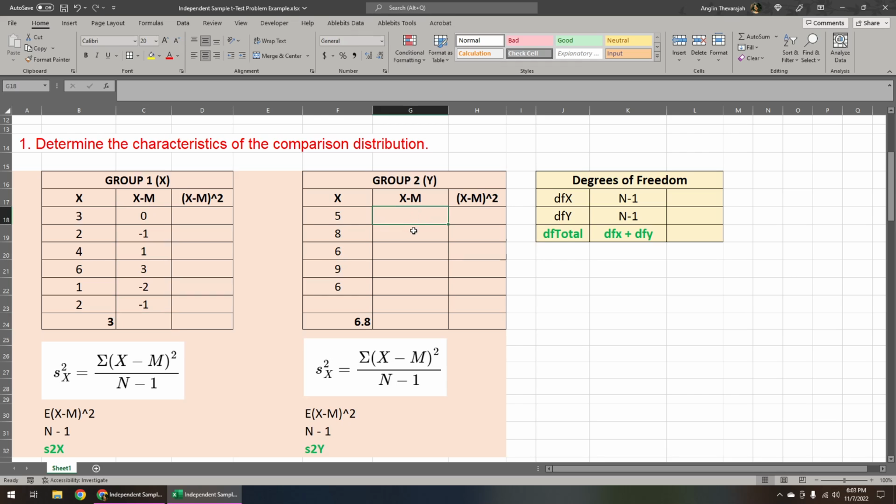Now I'm going to do the same thing to the other side. For your third column, you're going to take everything in the second column and square it.